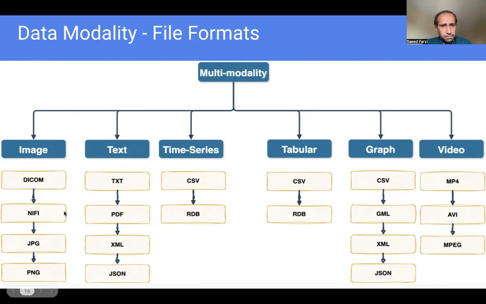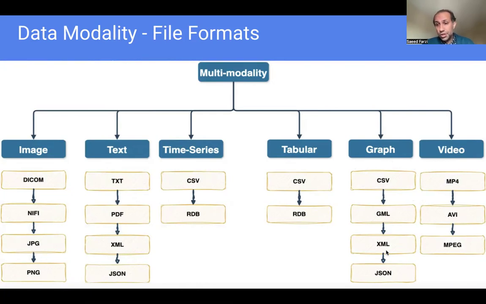Here, I'm going to dive deeper, going to the file format. For example, for images, DICOM, JPG and PNG. For text, PDF, JSON, XML. Time series, CSV, Excel file, or relational databases. For tabular data, the same.